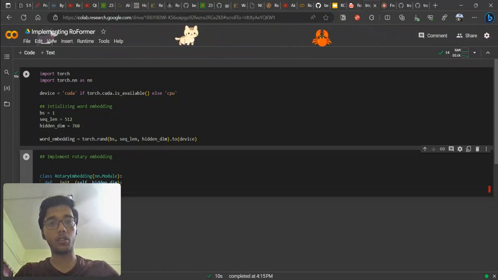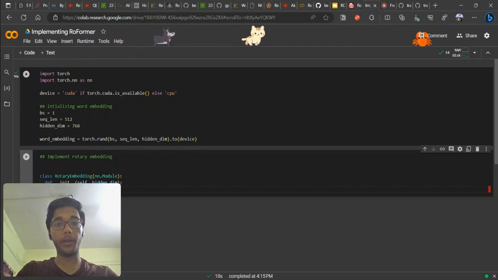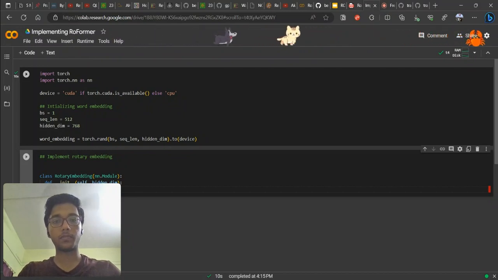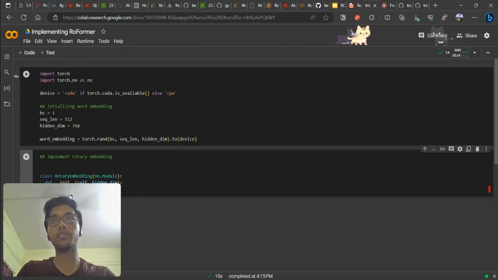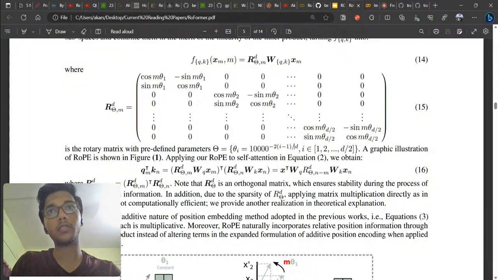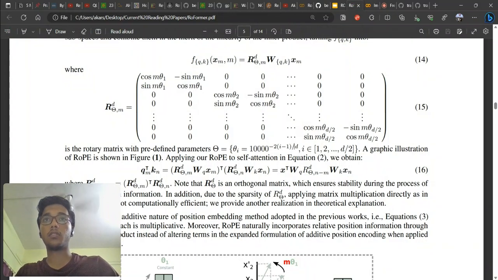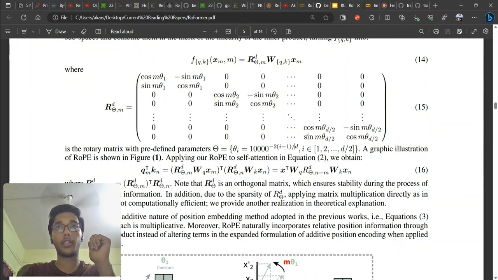So self.theta equals 1 divided by 10,000, times, actually it comes down to something like this.